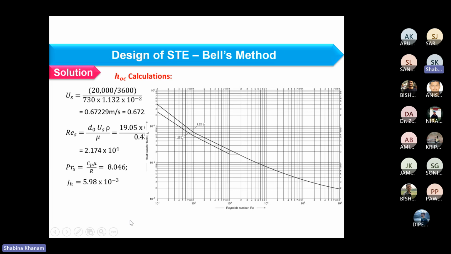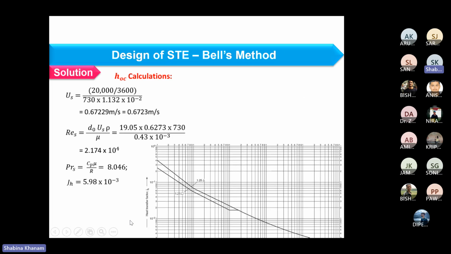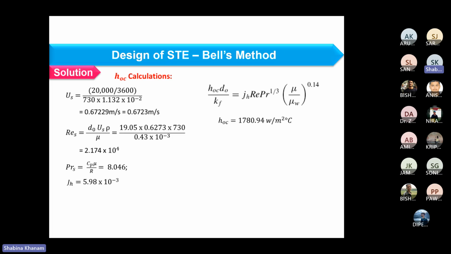You need to see the value of all these factors as clearly as you can. So HOC you can find as 1780.94 watt per meter square degree Celsius, and once you complete that, we will proceed for correction factors.